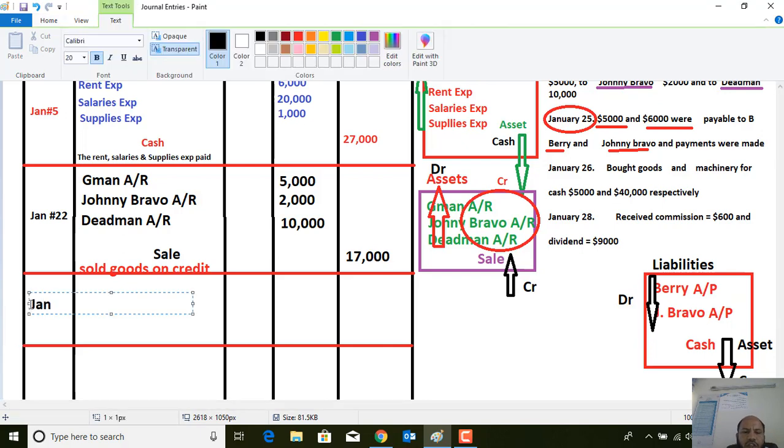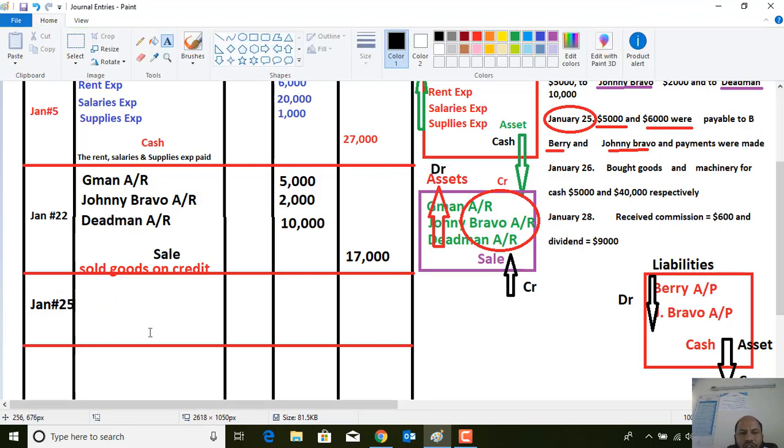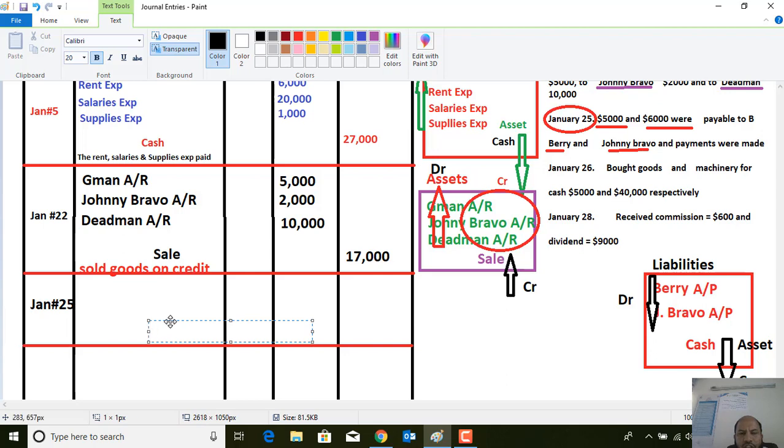This is January 25. The company paid cash, so cash decreased. So let's record cash. But to whom did they pay the cash? To their creditors, from whom they purchased the goods. They are Beery.